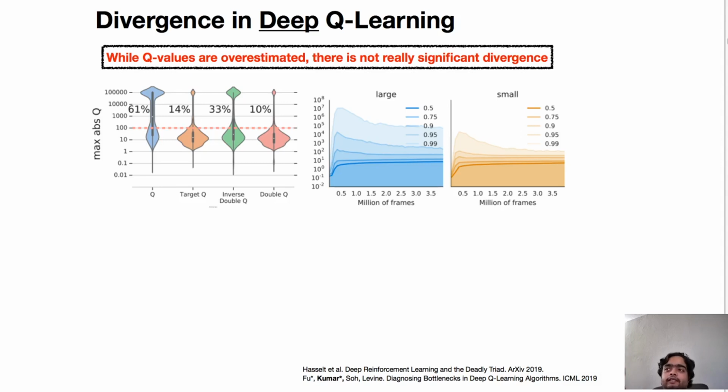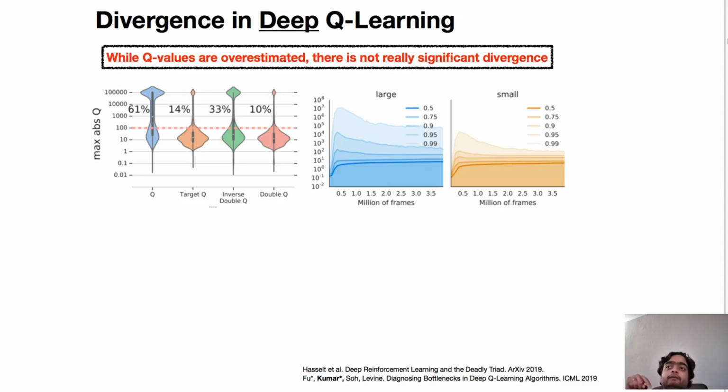They plotted the 50th percentile, marked as 0.5, the 75th percentile, marked as 0.75, and 0.9, which is the 90th, 95th, and 99th. What they found in almost all the cases, averaged over all Atari games, is that even in the worst case, the 99th percentile, the Q function goes up a lot, becoming 10 to the 7, although the optimal Q function should be below 100 in this case, but it eventually comes back down.